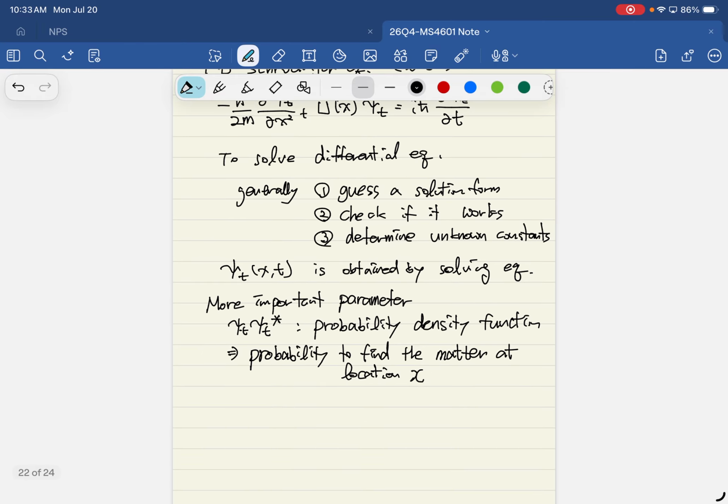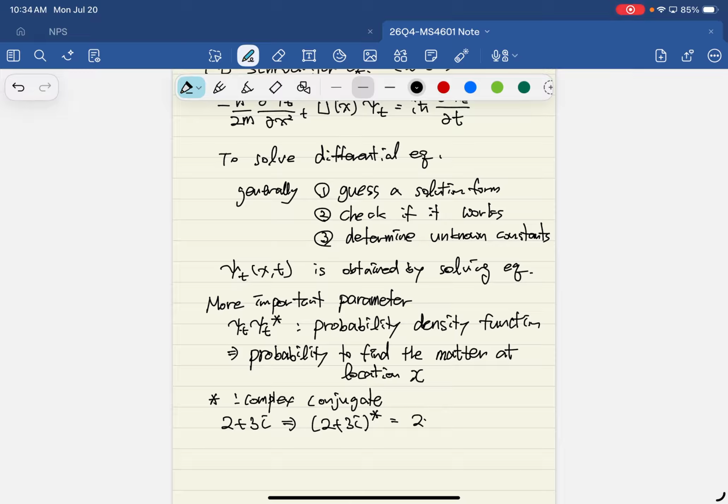Okay, so by the way, what is this star? The star is complex conjugate. So what that means is that when you have 2 plus 3i, if you take the complex conjugate, we are essentially flipping the sign of the imaginary part. Okay?